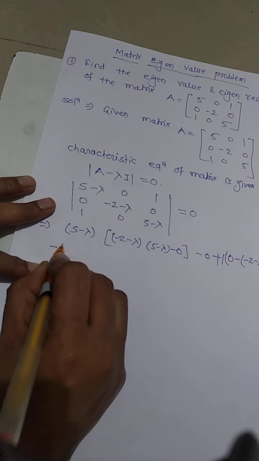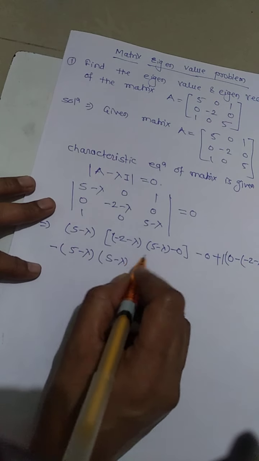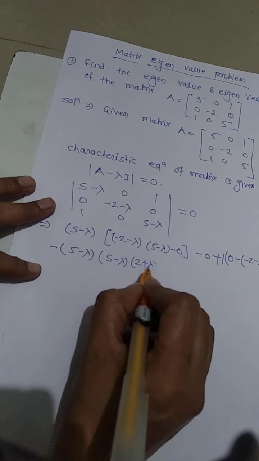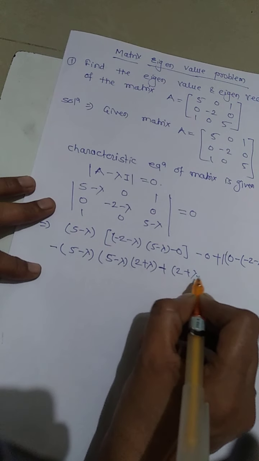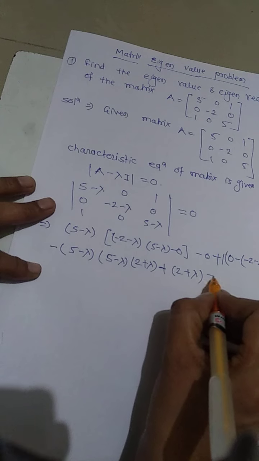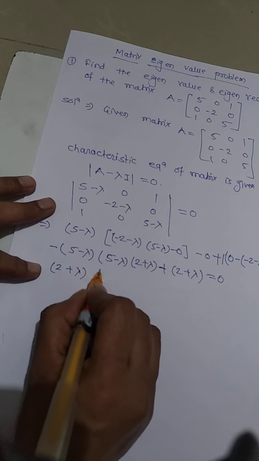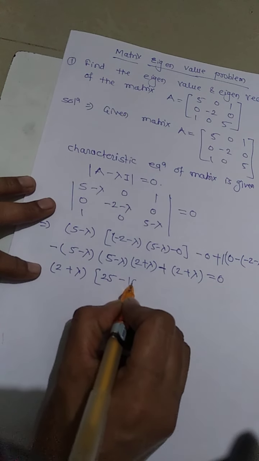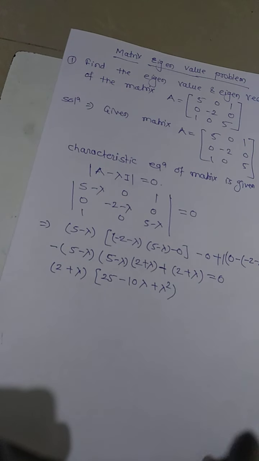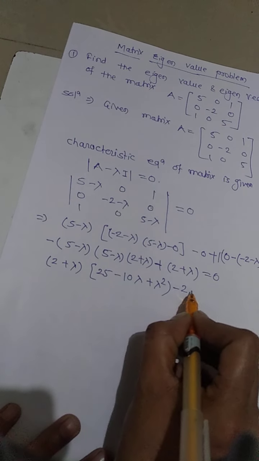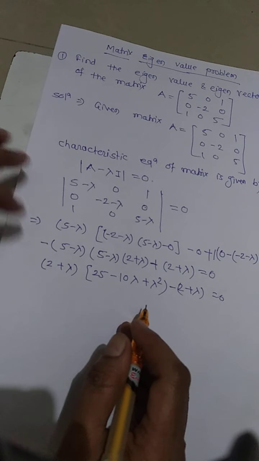Then (5 minus lambda) into (5 minus lambda) into (2 plus lambda) plus (2 plus lambda) is equal to 0. Then (2 plus lambda) into (25 minus 10 lambda plus lambda square) minus (2 plus lambda) is equal to 0.